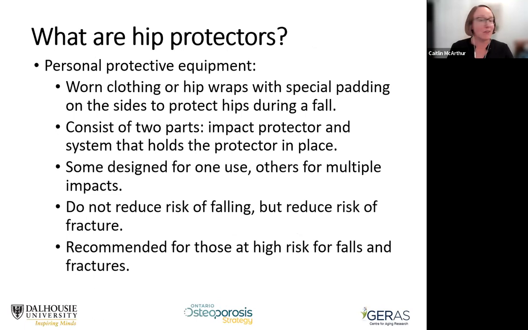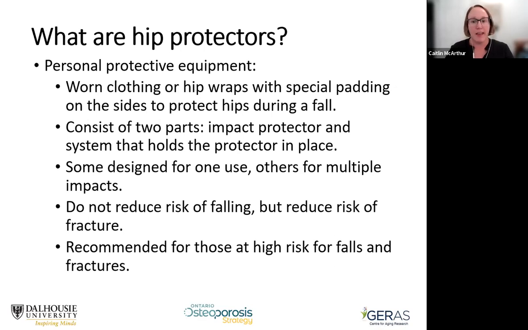Okay, so we're shifting our focus now to hip protectors. We know why they're important, but what are they? So what am I referring to when I talk about a hip protector? Hip protectors are personal protective equipment, and they are worn clothing or hip wraps or something that you place around your pelvis and hips that have special padding on the sides to protect hips during a fall.